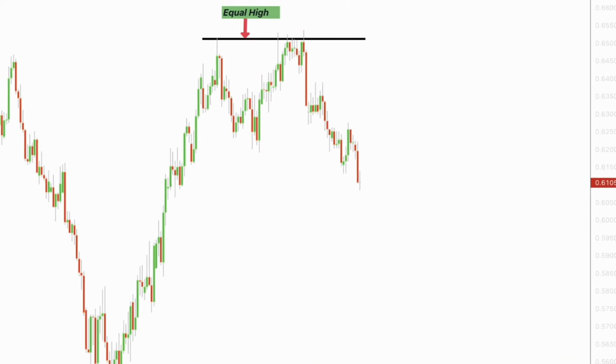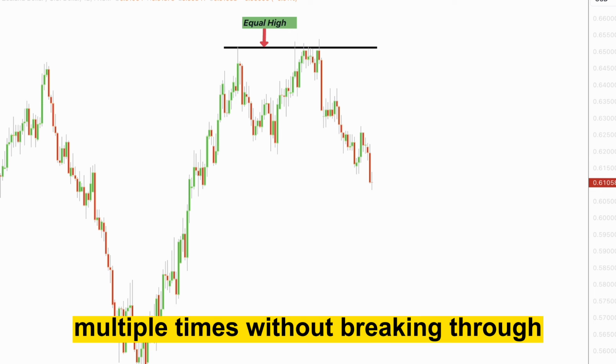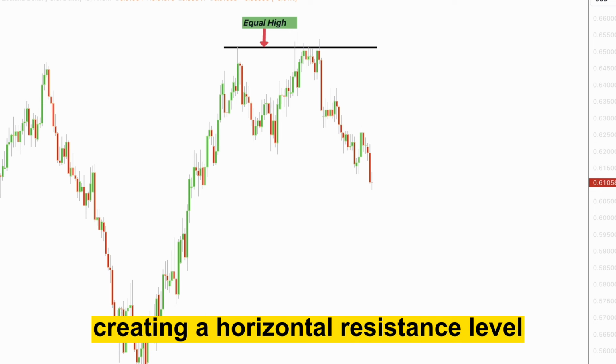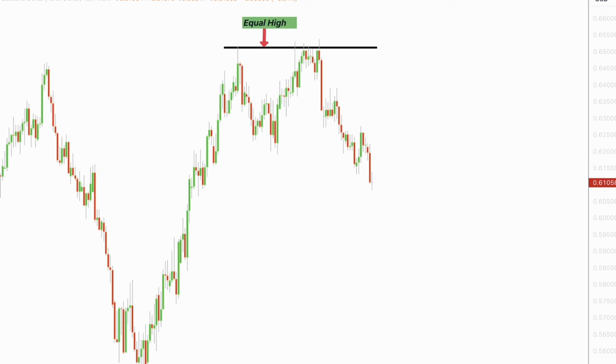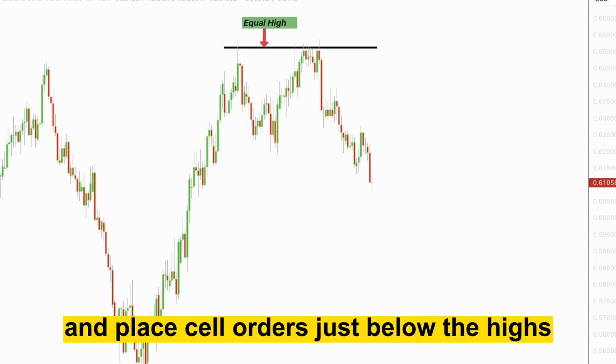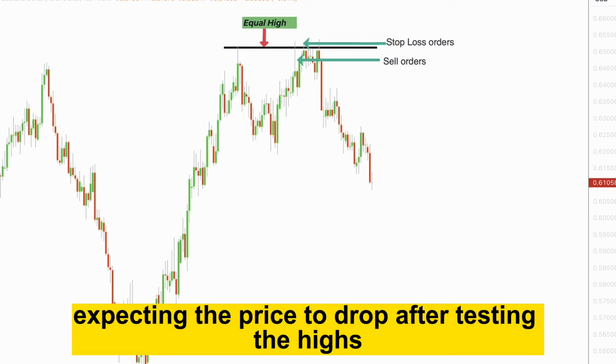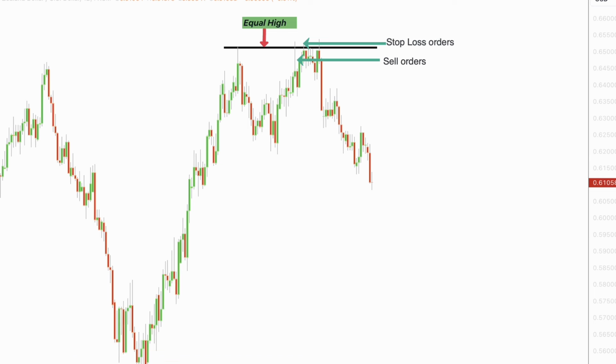Equal highs are levels where the price reaches the same peak multiple times without breaking through, creating a horizontal resistance level. Retail traders often interpret these as strong resistance levels and place sell orders just below the highs, while placing stop losses above them, expecting the price to drop after testing the highs.